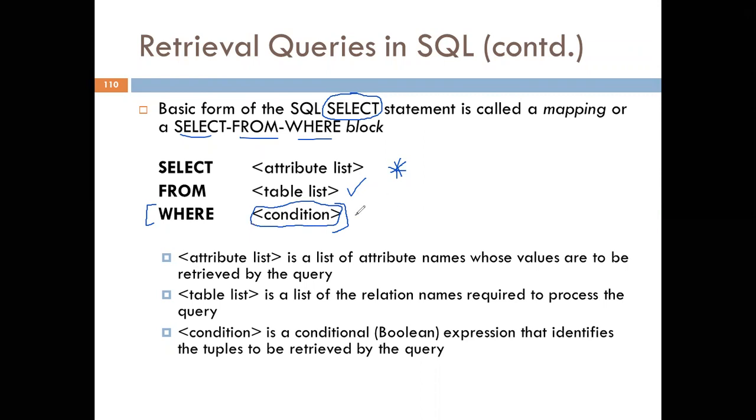This condition is applied on each row of a table. So if there are 10 rows in a table, this condition will be applied on all 10 of them, and whichever row satisfies this condition will be extracted. We shall see those with examples.